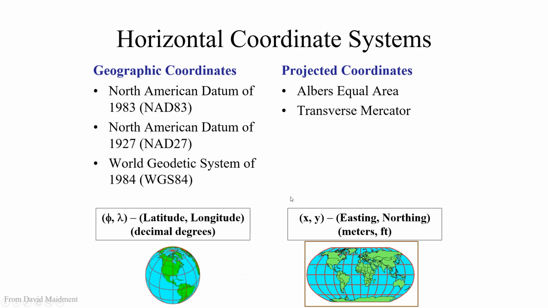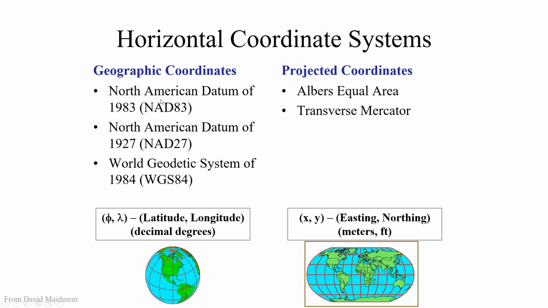I'm not going to go into a whole lot of details of projections. There's a lot of interesting pictures one can look at, but it gets us into that when we're working with locating a point horizontally on the Earth, which is where we talk about horizontal coordinate systems.